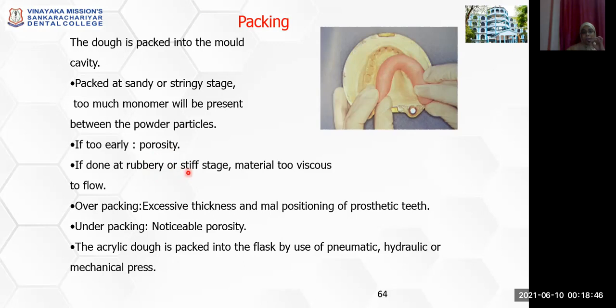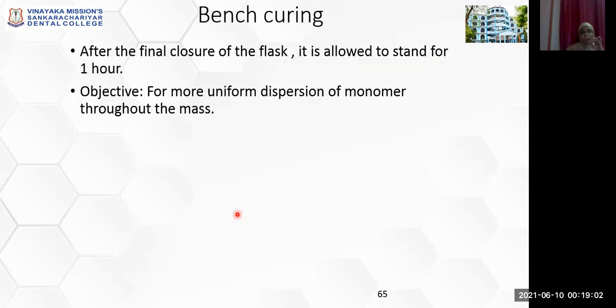If you pack in the rubbery stage, it will not flow into the spaces. Always don't overpack it, because too much pressure can displace the teeth. And if you underpack, naturally you are going to have porosities.